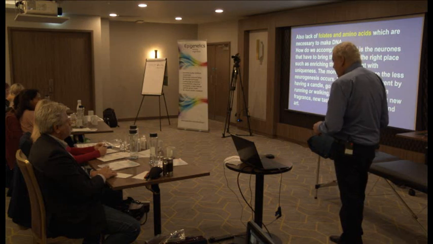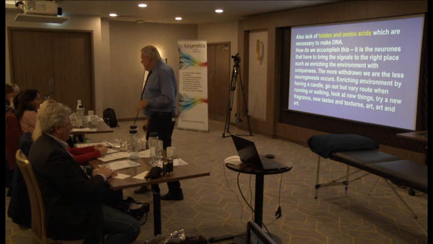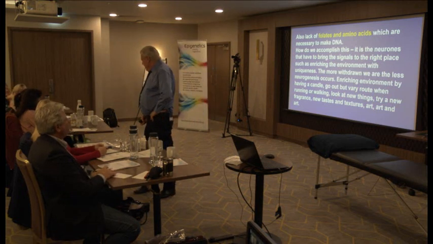Look at new things. Try a new fragrance. The fastest way up to the limbic system and the hippocampus is up the nose with the smell. You know, if you smell Brut aftershave, you can immediately remember the last man you ever came across who used that.